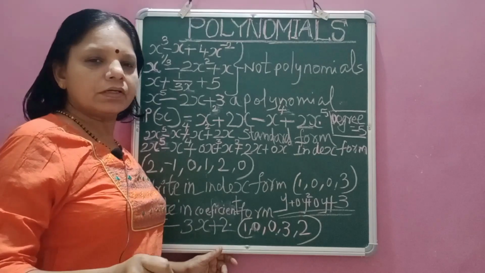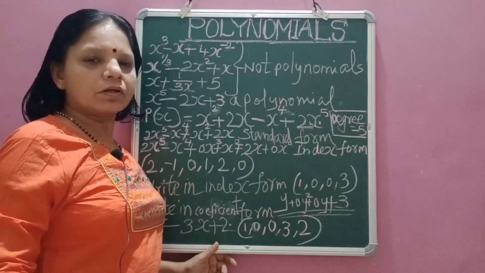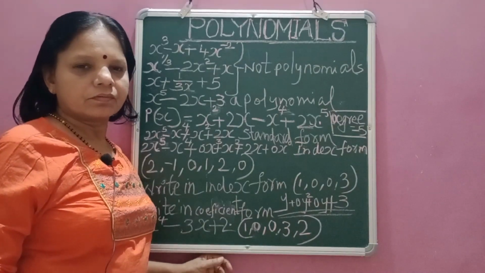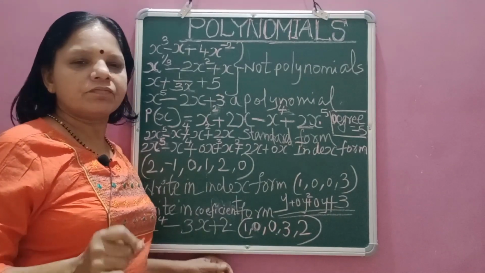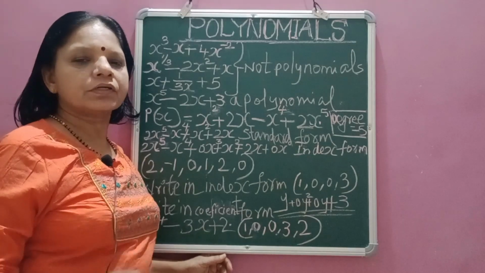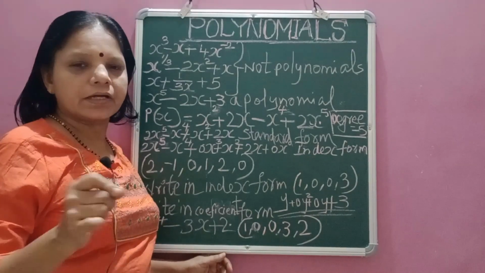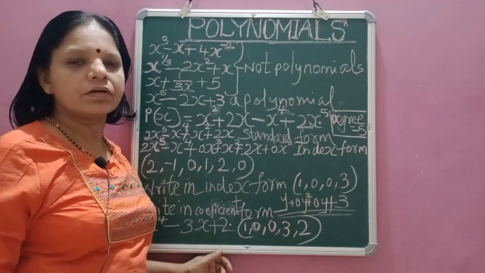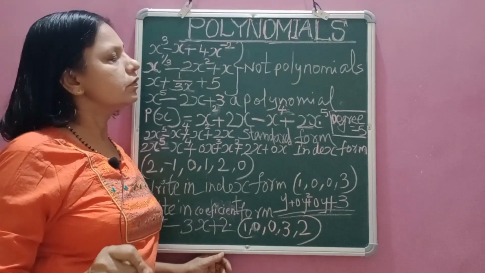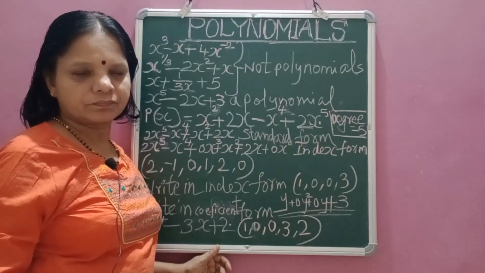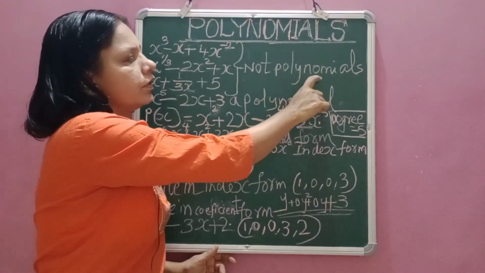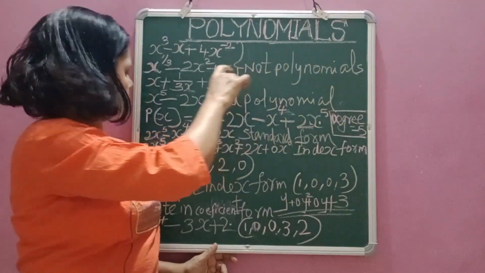So what should be the index of the polynomial? It should be a whole number. When the index of the variable of the terms in the algebraic expression is a whole number, then only that expression is called a polynomial. So that is why these three expressions are not included in the polynomial.